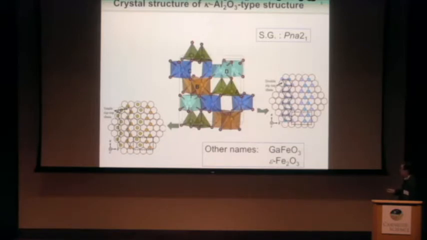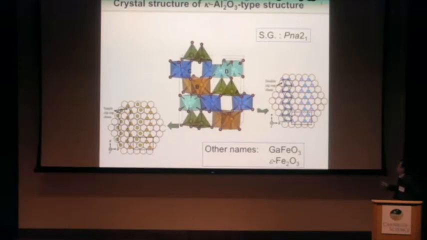layer. And if we look at cation arrangement inside the spinel layer, you can see the linear chain of the tetrahedra, and also you can see the linear chain of the octahedra of the B site cation. If you look at the corundum layer, you can see the double zigzag chain of the octahedral chain like this.